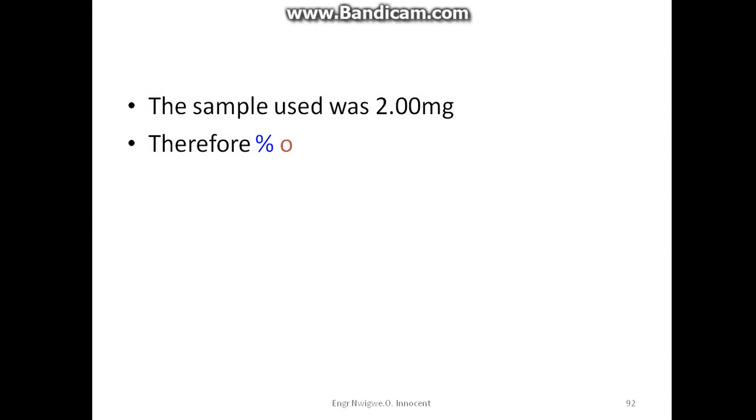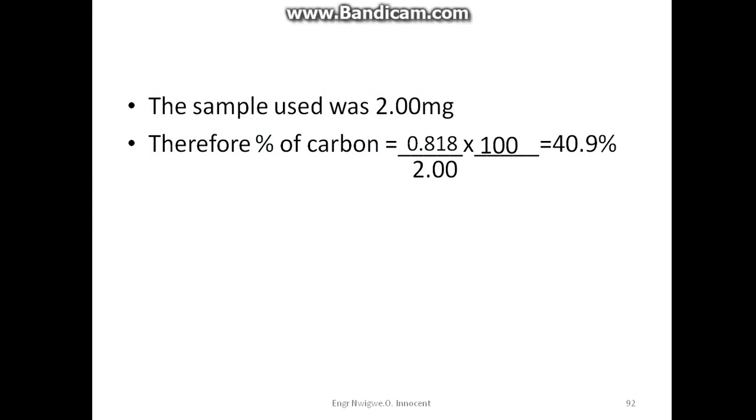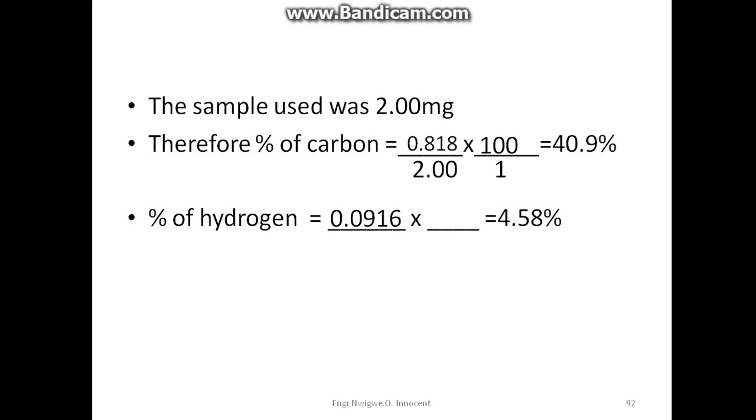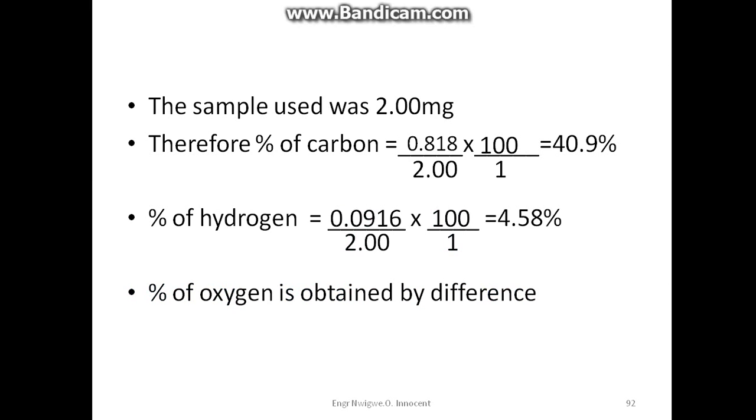Therefore, percentage of carbon is equal to 0.818 over 2.00 times 100 over 1, which gives us 40.9%. Percentage of hydrogen is equal to 0.0916 over 2.00 times 100 over 1, which will give us 4.58%. Percentage of oxygen is obtained by difference.